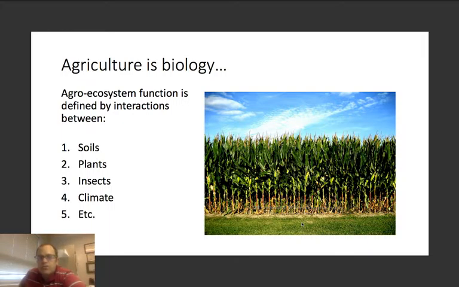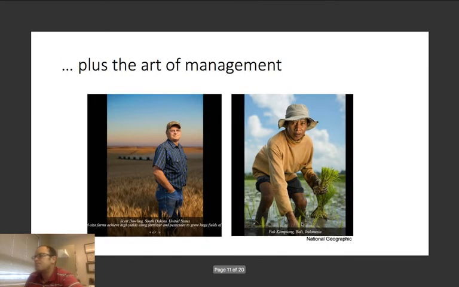Well, there's the soil, the plants that we select ourselves in the form of crops, as well as other plants that come in and become weeds, other plagues that come in the form of insects or even disease, not listed here. The climate, the environment, the local weather that is impacting the crop. You can imagine a number of others. We control some of these, and we are subject to some of these.